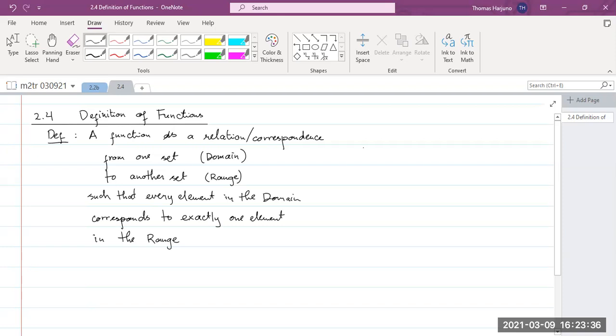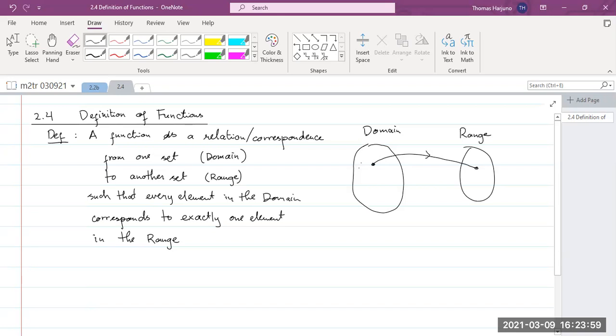If we take a look at the mapping, let's say this is the set of the domain, and this is the set of the range, then every element in the domain corresponds to exactly one element in the range.